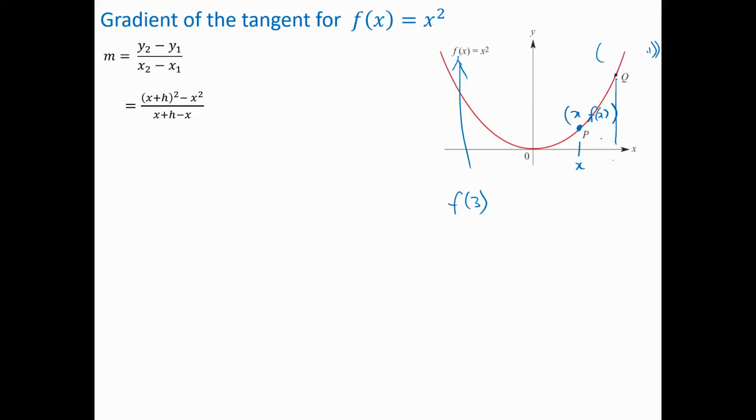So that's x1, y1. If I have the second point, if it moved across by h, and this is now x plus h, moved an h amount, then the next point would be x plus h, that's my x2. y2 would be f of x plus h. Agreed?